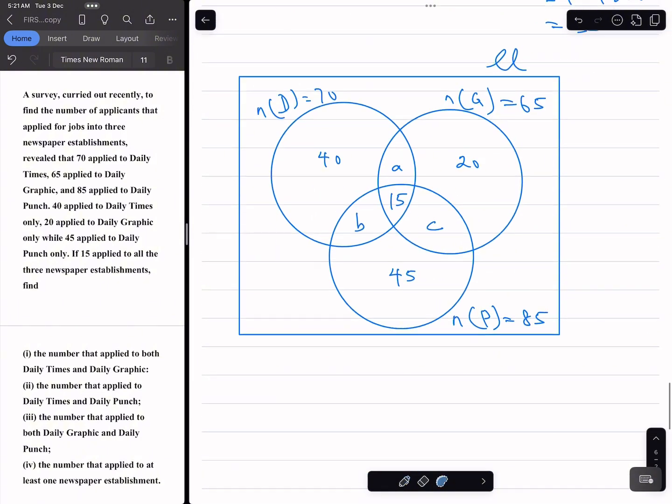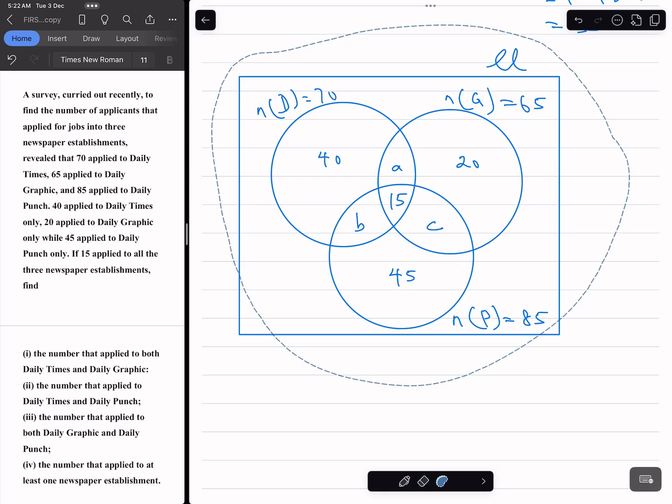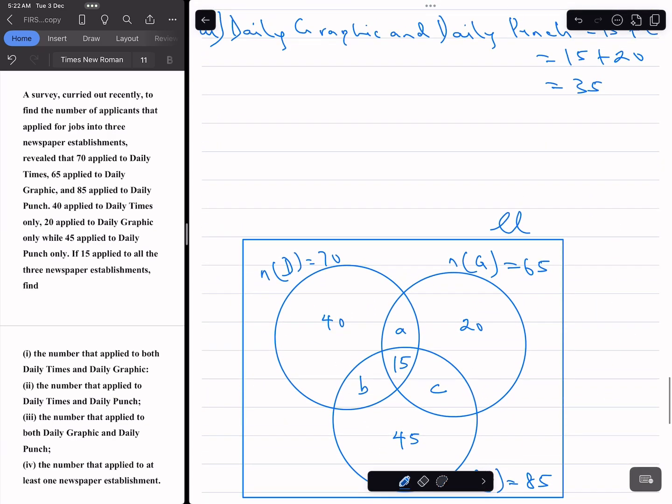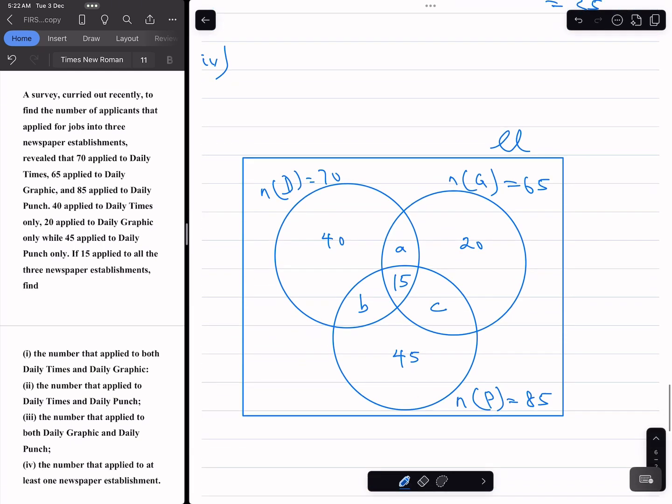And now, I think that's the last one, Roman figure 4. It says the number that applied to at least one newspaper establishment. That will be the total number of applicants, which is the total number of elements in the universal set.